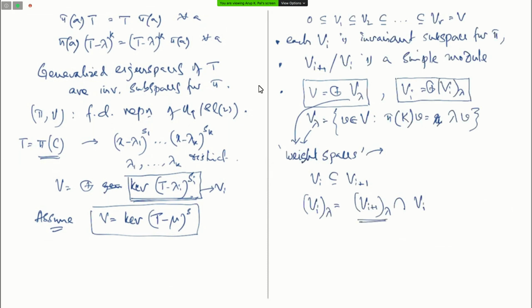Because here you have taken all those vectors in Vi plus 1 which are eigenvectors corresponding to eigenvalue lambda, and this consists of all vectors in Vi which are eigenvectors corresponding to eigenvalue lambda. So instead of looking at all eigenvectors in Vi plus 1, you are looking at all eigenvectors obtained in the Vi part. So you have this observation.